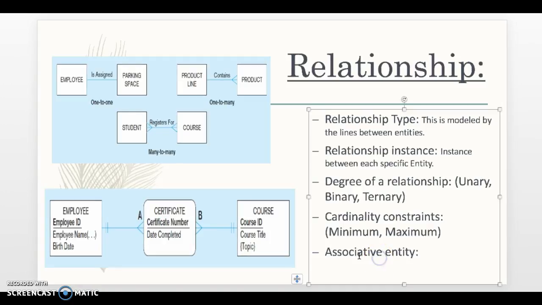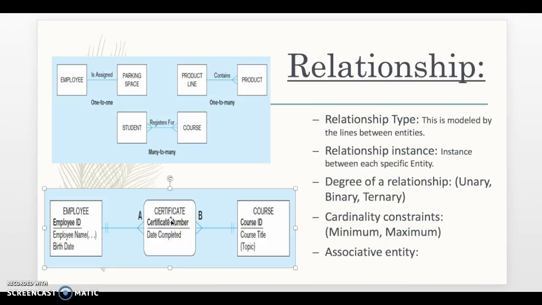And an associative entity is an entity that can be constructed between two entities that are many-to-many, breaking up the relation and creating two relation types of one-to-many and one-to-many, right here too.